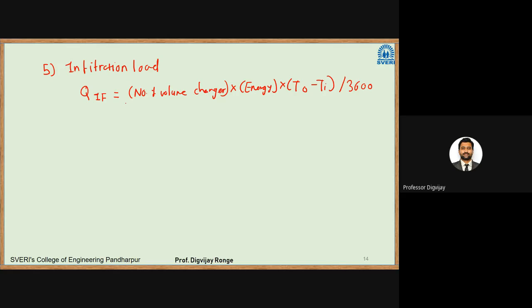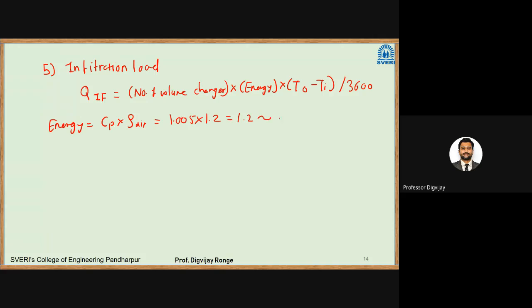So in this case, see here, the number of volume changes is given as 5. But what about energy? They have calculated it as specific heat into density of air. If I calculate this, Cp we know is 1005 into density, generally 1.2, this will give a value around 1.2 something.